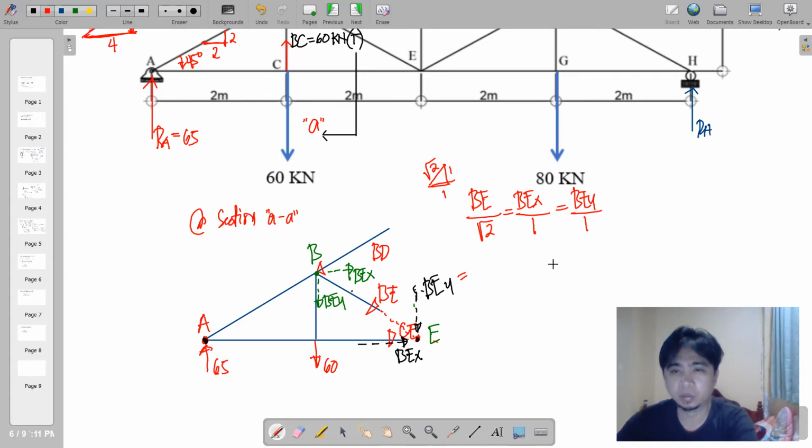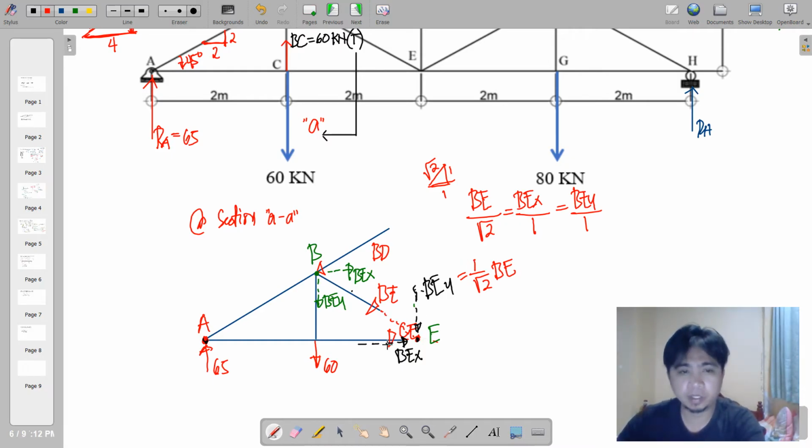Therefore, BEY is just equal to 1 over square root of 2 times BE. We do not need to solve for BEX because, again, if we're going to take moments at A, there will be no moment arm for BEX.